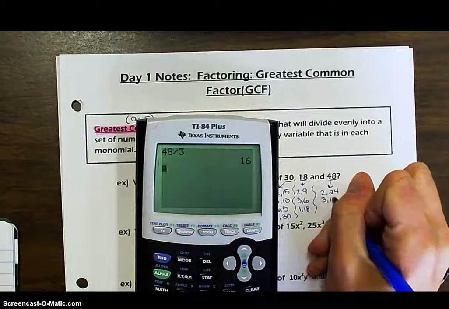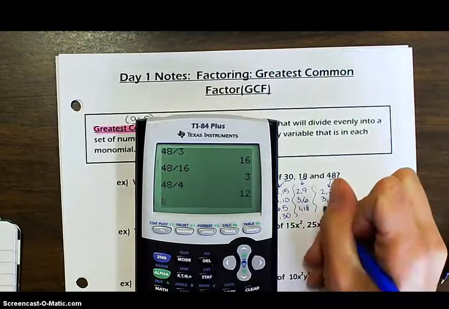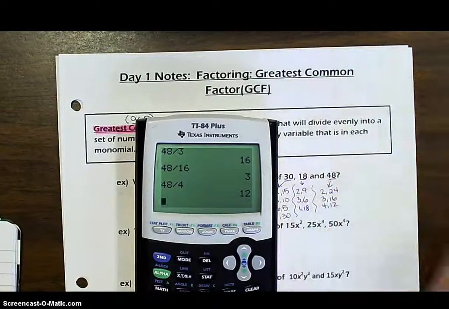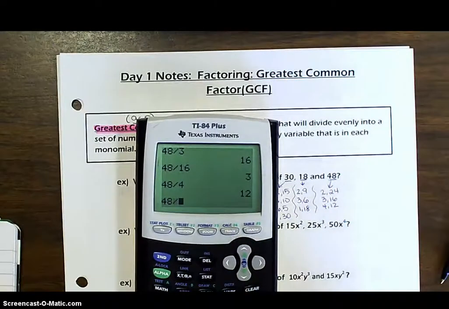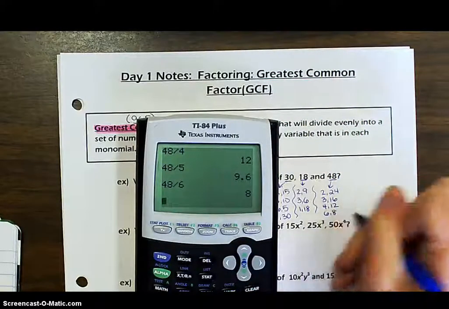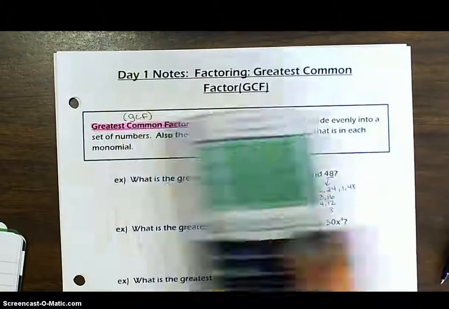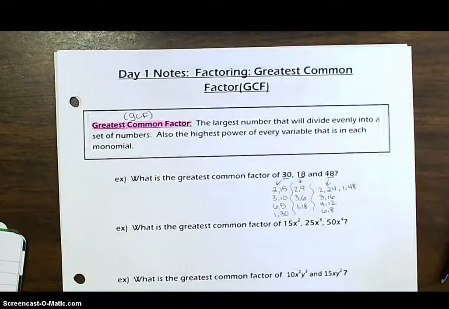So 3 and 16 also go into it. Let's see, 48 divided by 4, so we could go 4 and 12. 48 divided by 5, nope. 48 divided by 6, yep, so 6 and 8, and then we could also do 1 and 48. Okay, so we just broke it down. There's a lot of numbers.